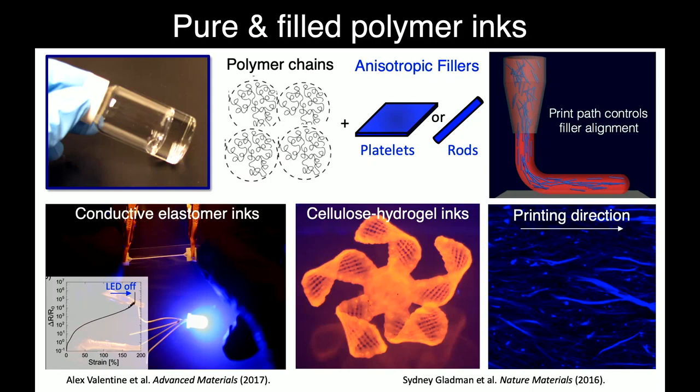One where we're using these platelets that are conductive, so silver platelets, that provide conductivity to the ink as we're printing. And the other one where we're using cellulose fibrils, which are stiff fibrils, much like you find in plant cell walls, which I'll come back to in a minute, that can be used to tailor the anisotropic stiffness in the printed architecture and hence its swelling behavior.